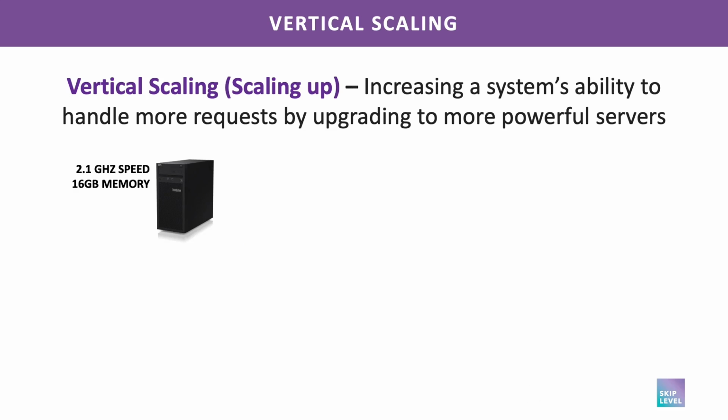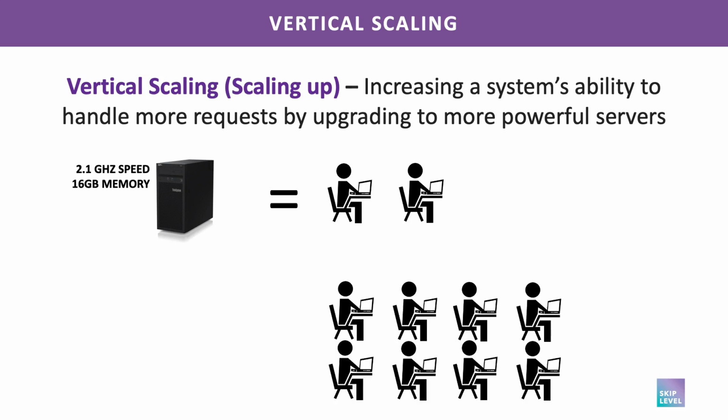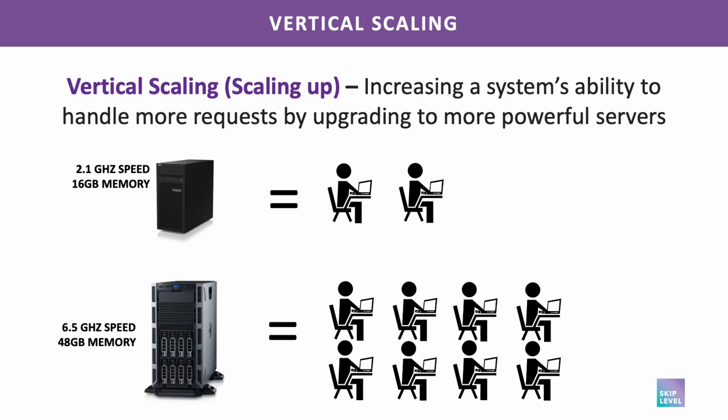Let's say we know that this machine can serve up to 2 customers. All right. Now let's say that the traffic has gone up and we now need to serve 8 customers. If the team decides to scale up, then what they would do is remove that machine and install a more powerful machine. Let's say this server now is 6.5 gigahertz of speed and it has 48 gigabytes of memory. So that is scaling up.